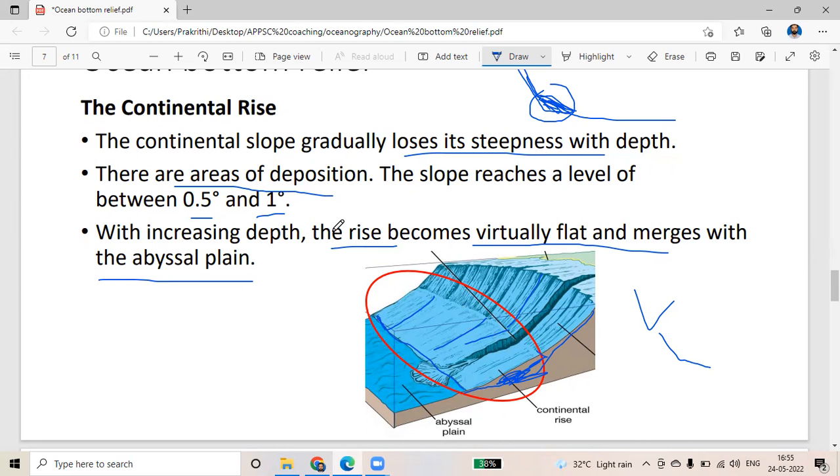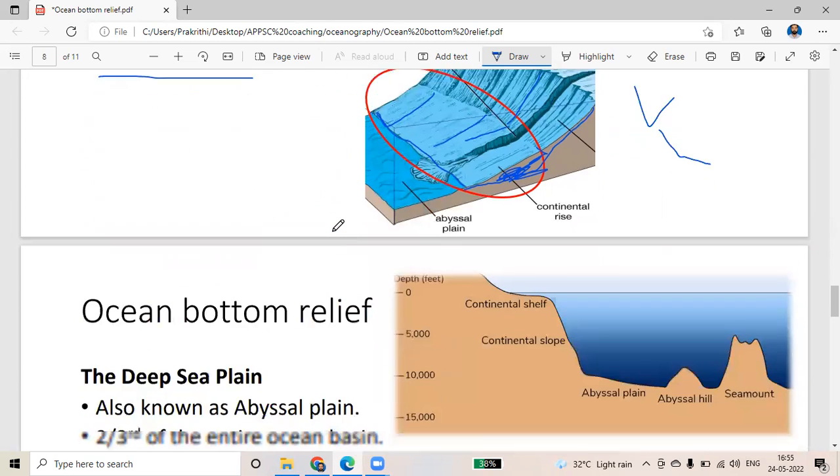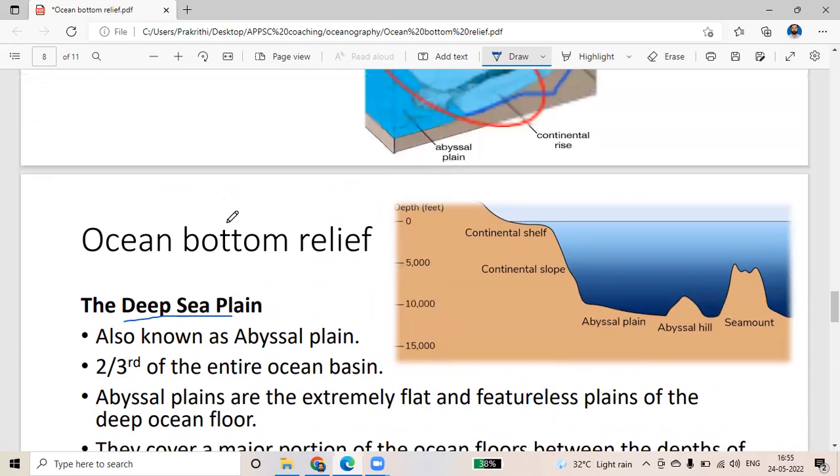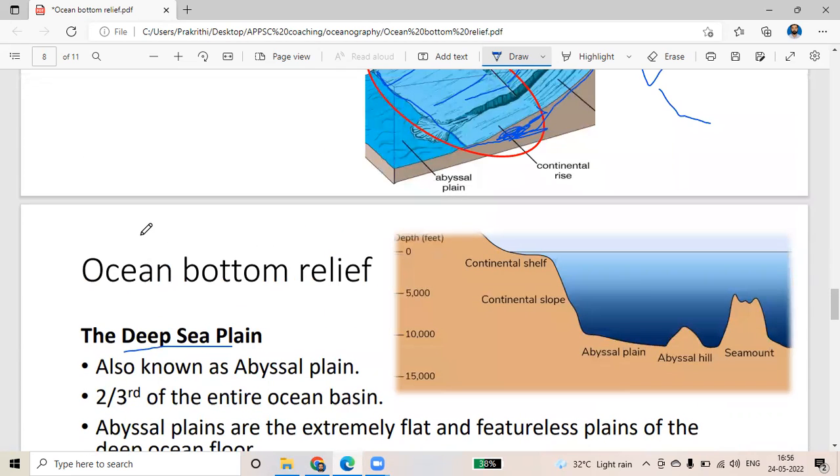Then comes the bottom of the ocean, that is the deep sea plain or the deep oceanic plain region. So plain क्या है? It's a natural almost flat area होगा, not purely flat, but in visual it looks like a plain region.